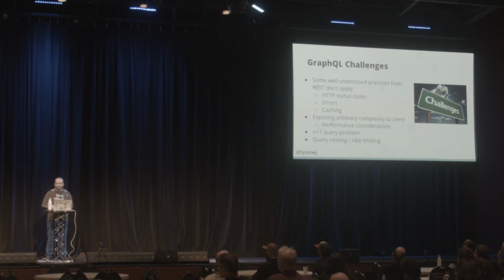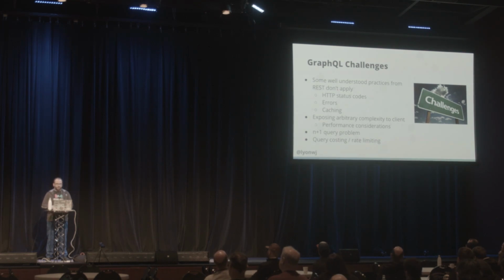Well, a lot of well-understood principles from REST don't really apply in GraphQL. One example is HTTP status codes. With GraphQL, first of all, we're making a POST request for everything, which doesn't quite translate from what we might be used to.